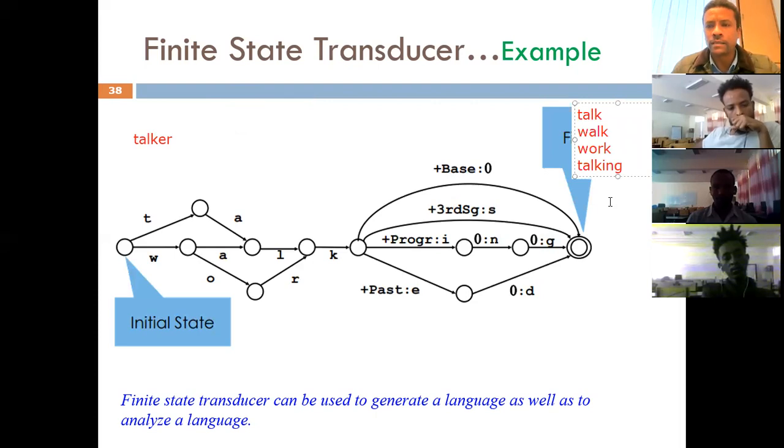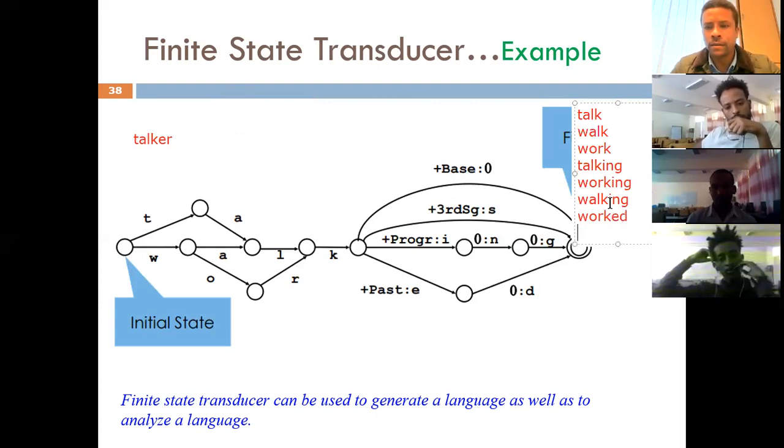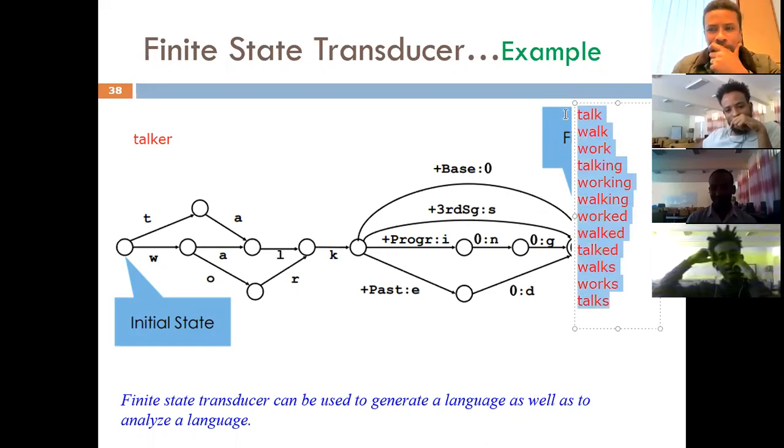Working. Walks. Works. Talks. Talked. So how many words do we have? 12.